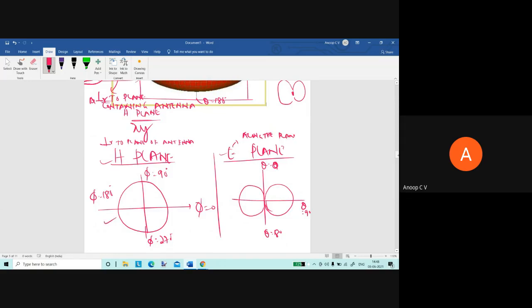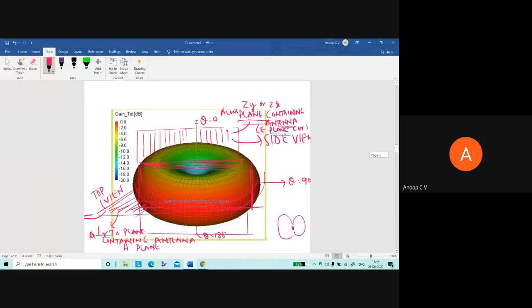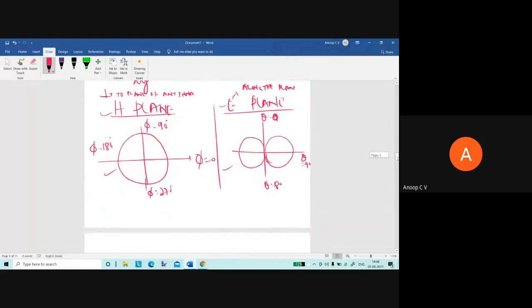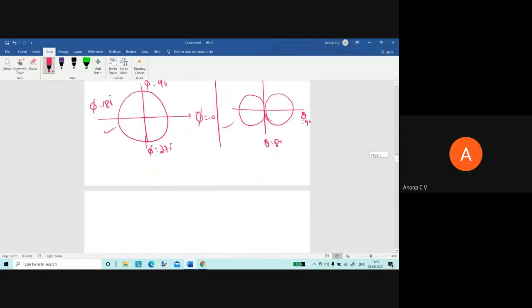These two can represent the radiation pattern equally well. So instead of a 3D pattern, normally we take two principal cuts, the E-plane and H-plane. I think that is understood.